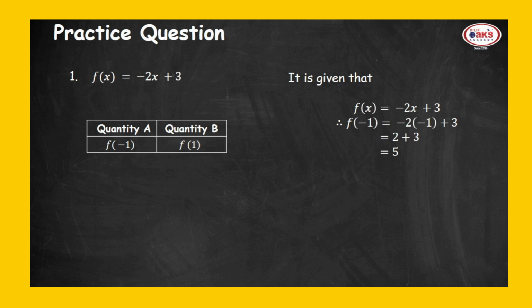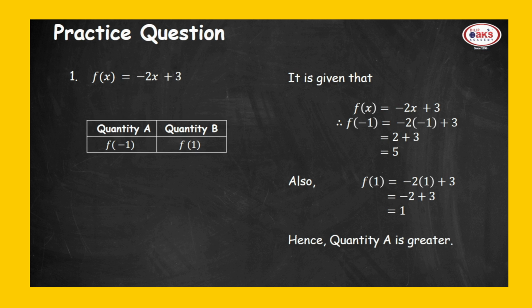Similarly, to evaluate quantity B, we will substitute x as 1, which gives us minus 2 into 1 plus 3, that is equal to minus 2 plus 3, that is equal to 1. So it is very clear that quantity A is greater. Hence, we will mark option A and go to the next question.